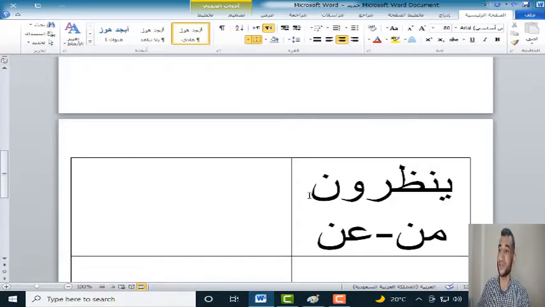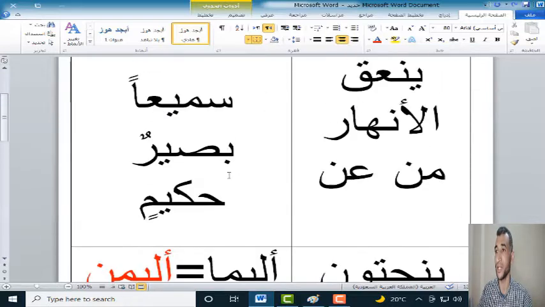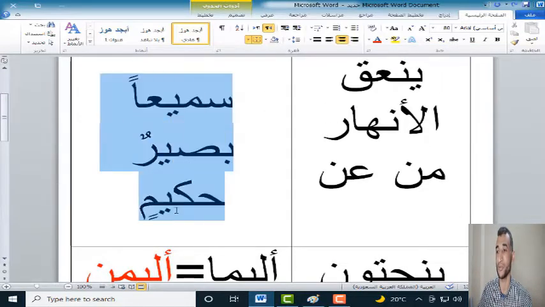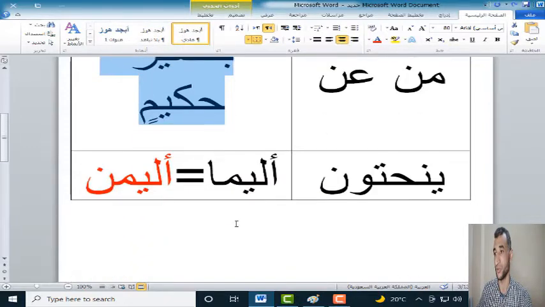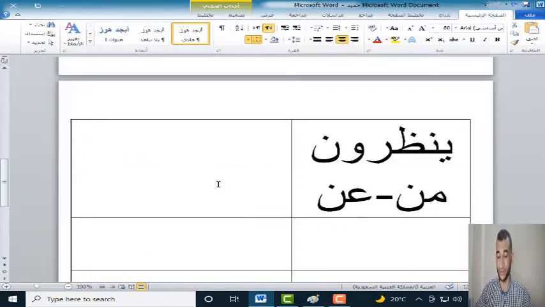But the nun of the tanween cannot be found except at the end of the word or the noun, like alim, sami'an, basirun, hakiman also. So I will copy these words again.